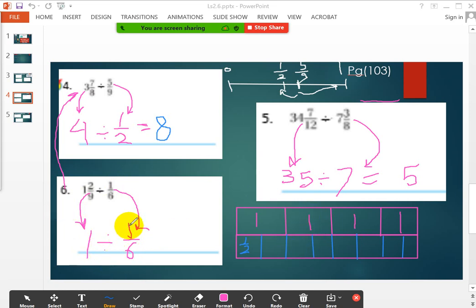So 1 and 1 over 6 are compatible numbers because I know how to divide those numbers according to the fraction strip, as we said yesterday. So help me please to divide it. I will erase this to know the answer.